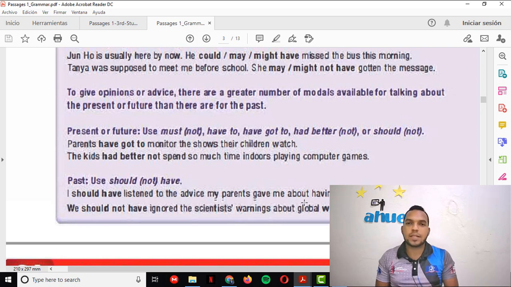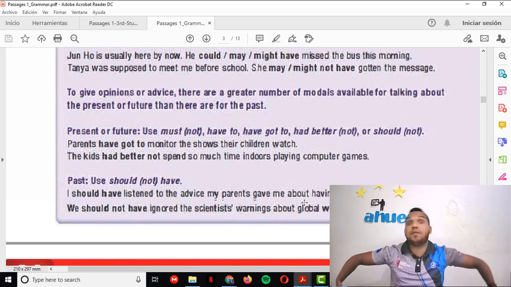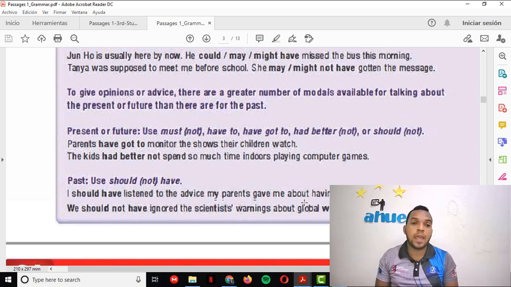So in the first example, what happened with this boy was that he said he should have listened to his parents' advice about having a healthy life, because that means he's very, very fat. The other one is, we should not have ignored the scientists' warnings about global warming.